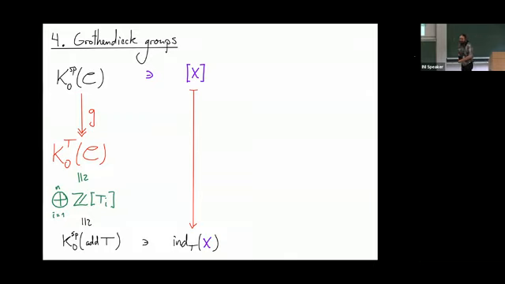So from now on, the index or the G vector of an object is its class in the Grothendieck group for this X-triangulated category. This is how I want to think about them from now on. So this, for maybe trivial reasons, makes me extremely happy.